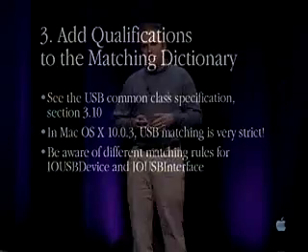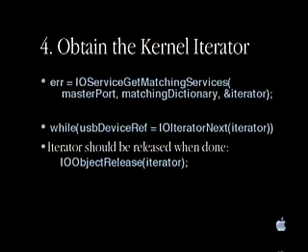And you also need to be aware when creating these matching dictionaries of the different rules in this section of the Common Class Specification for matching against IOUSBDevice objects and IOUSBInterface objects. Once you've added the qualifications to your matching dictionary, the next step is to get a list of services within the kernel.